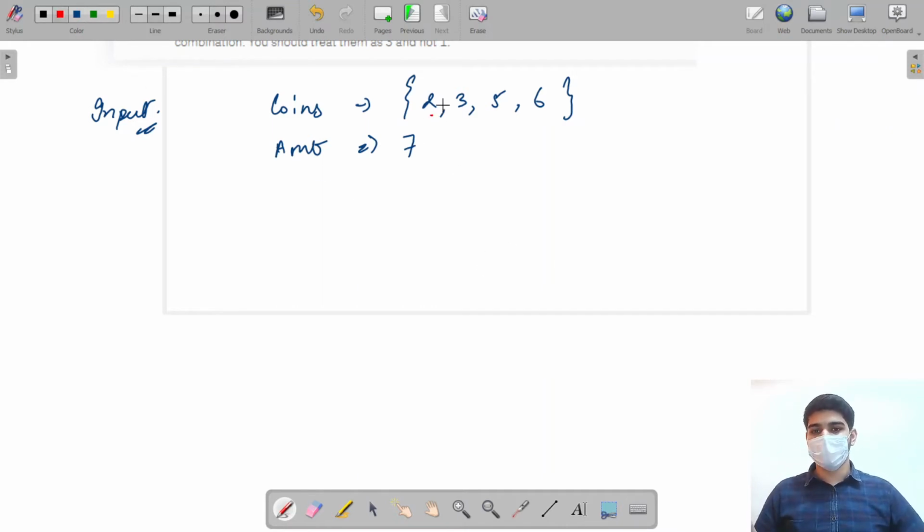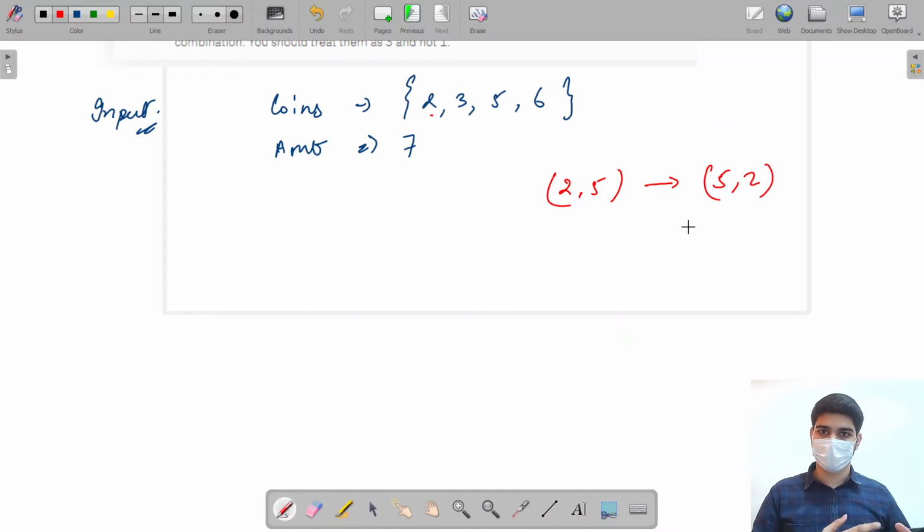If I take 2, I can have 2 with 5. The summation of this would give me 7. But as we are also interested in permutations of each set, we can rearrange 2, 5 to generate permutations. If we rearrange, we would get 5 and 2. There is only a single rearrangement that's possible.